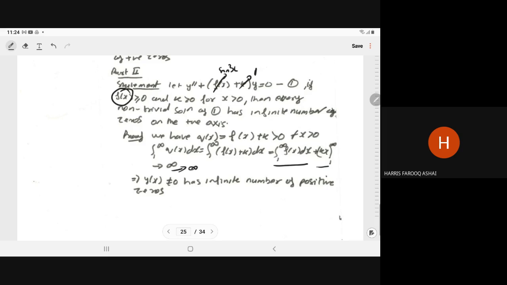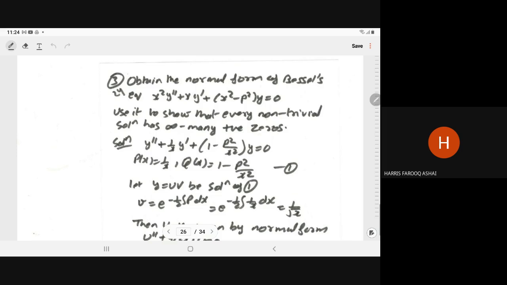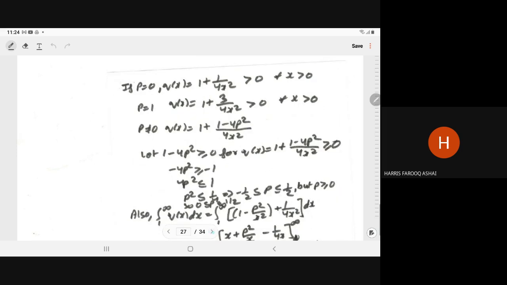So by theorem 24c, y(x) has an infinite number of positive zeros. So that is the general statement. Now this question we have done.